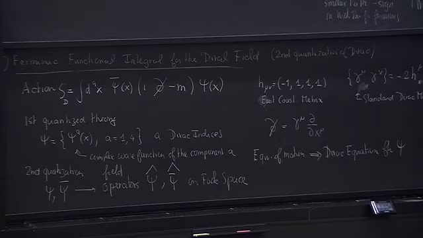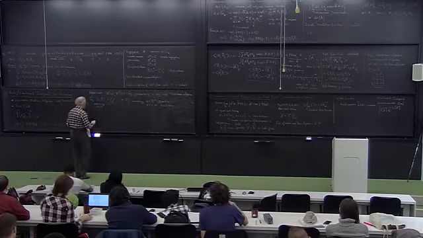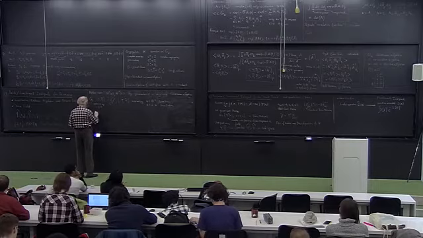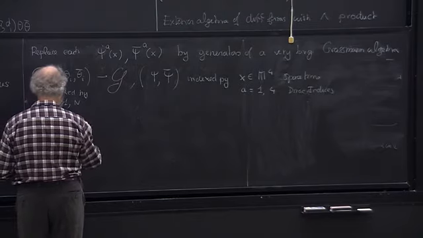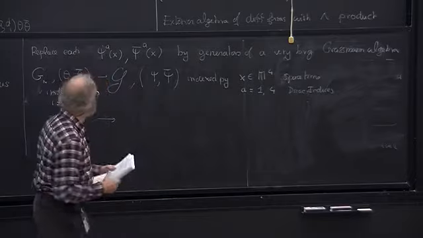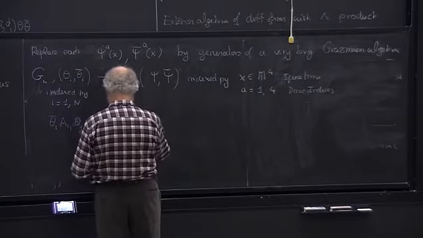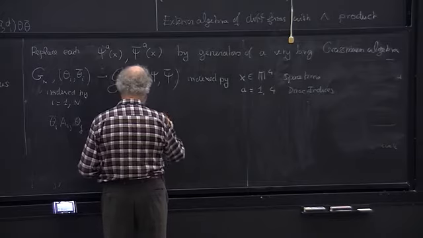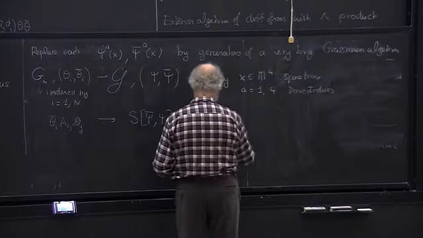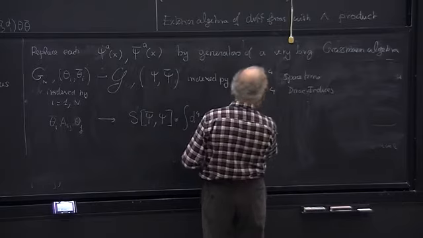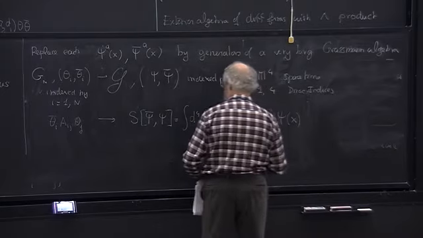So now let's just replace my quadratic form, remember, theta bar i A_ij theta j, by a quadratic form in my Grassmann algebra, which is just the Dirac action S of psi bar and psi, which is the integral d^4x psi bar of x (i d-slash minus m) psi of x.